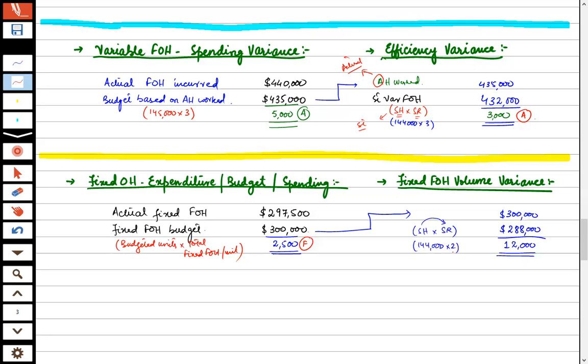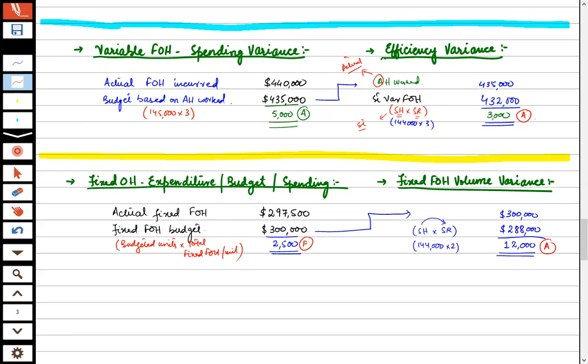And the standard that was given for a particular production of 48,000 units, or 144,000 hours, was 288,000. So compare the actual with this. The standard is lesser, and the fixed FOH budget is greater. Therefore, it will be worked out as an adverse fixed FOH volume variance.